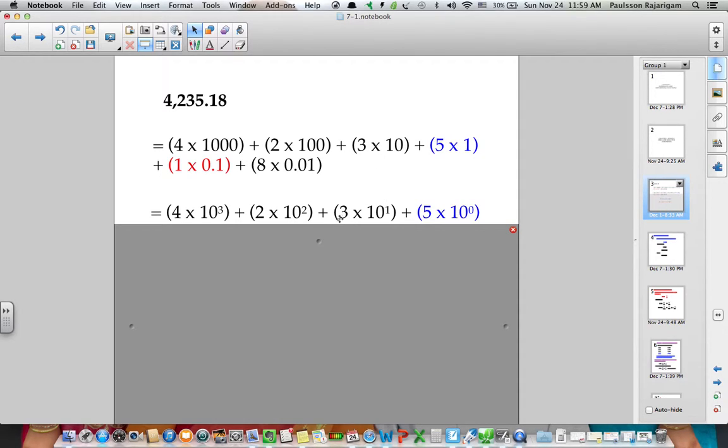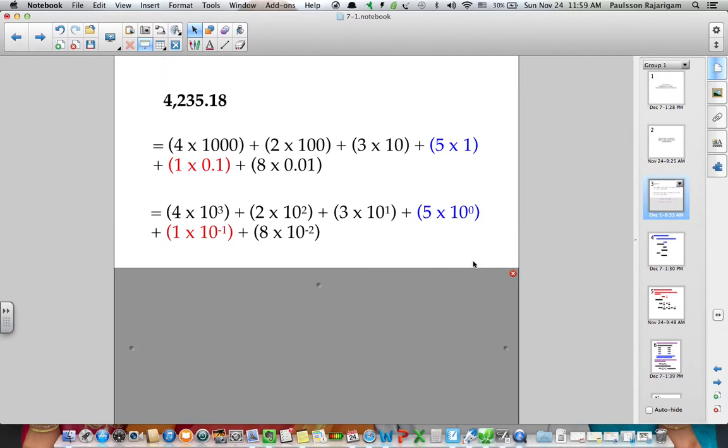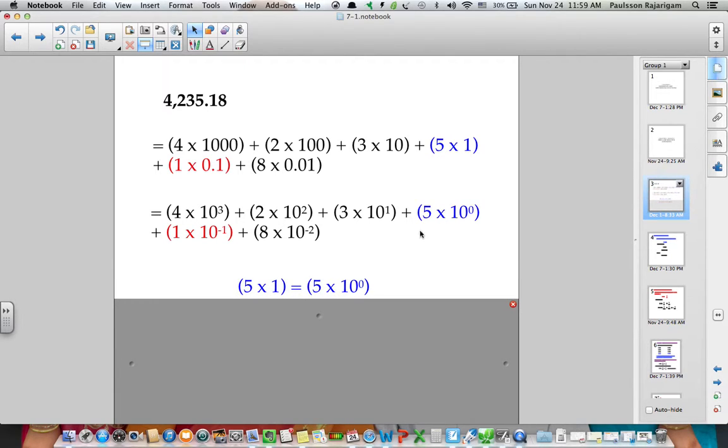Then you have 3 times 10 to the first power, and then you add 5 times 10 to the 0th power, and so the next logical exponent is 1 times 10 to the negative first plus 8 times 10 to the negative second.